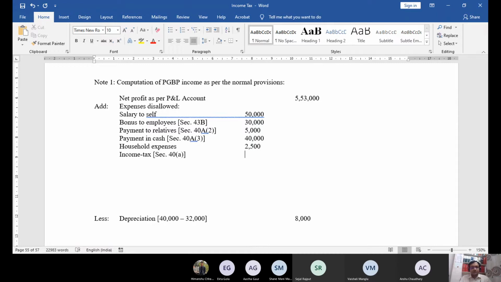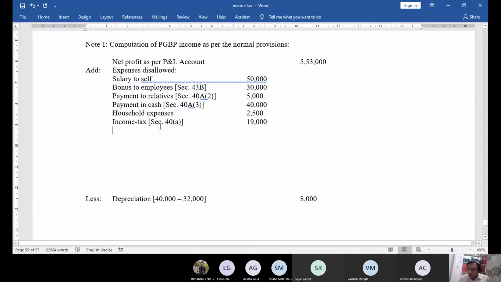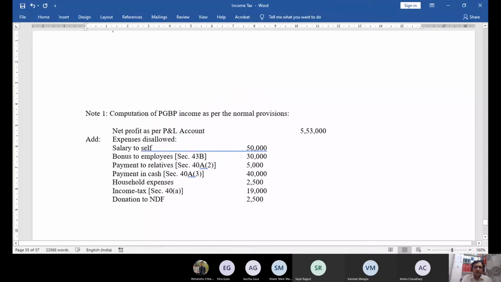19,000. Donation to National Defence Fund, add back. It is not a business expenditure. How much? 2,500. But for this, I will get a deduction. Can you tell me which deduction?